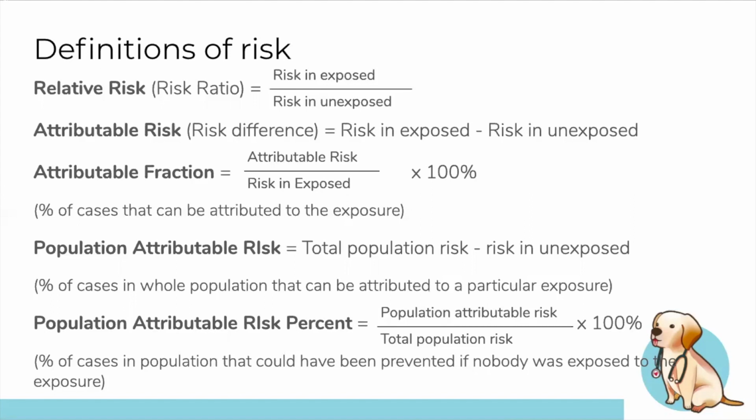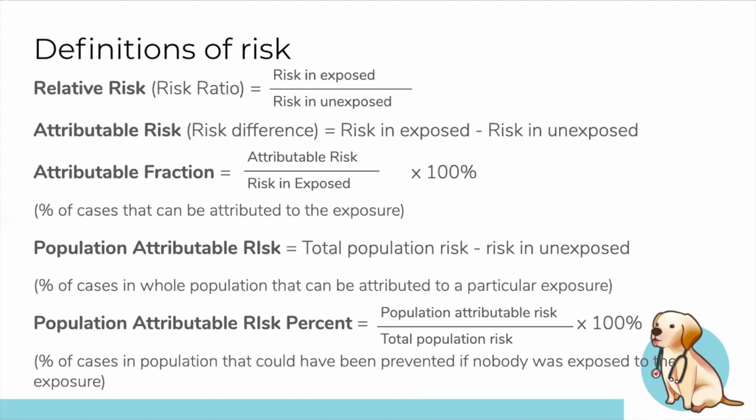So this ratio is where you divide the risk in exposed over the risk in unexposed. If you're exposed to smoking and your risk of lung cancer is higher, that number divided by the risk if you hadn't been exposed will give you the relative risk. It's really about thinking about what the words mean and what you're trying to solve, and then relating that to the equation.